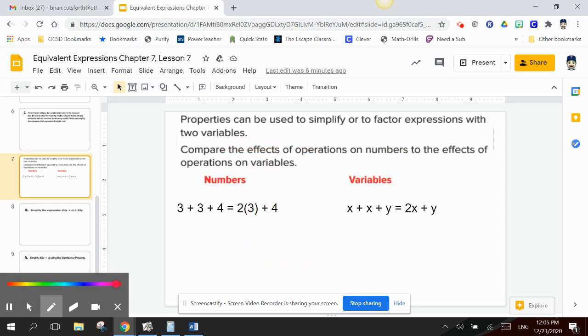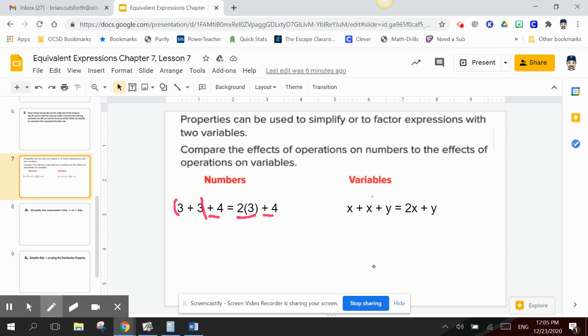Properties can be used to simplify or to factor expressions with two variables. Compare the effects of operations on numbers to the effects of operations on variables. So again, we combine the numbers together. 2 3s is 2 times 3. We add the 4 at the end.